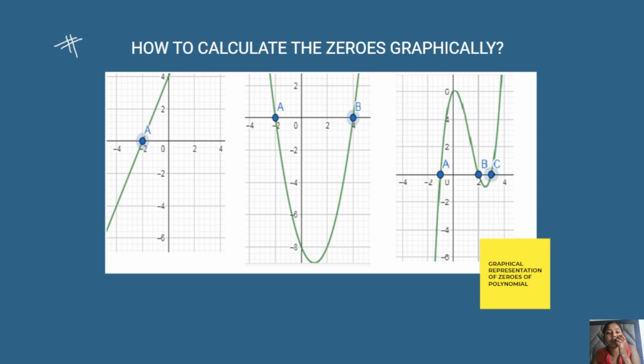What you will do is count the number of points where the line is intersecting or touching the x-axis. This is the simplest language I have used so that you people could know. These are the number of zeros, and you will also get the zeros.